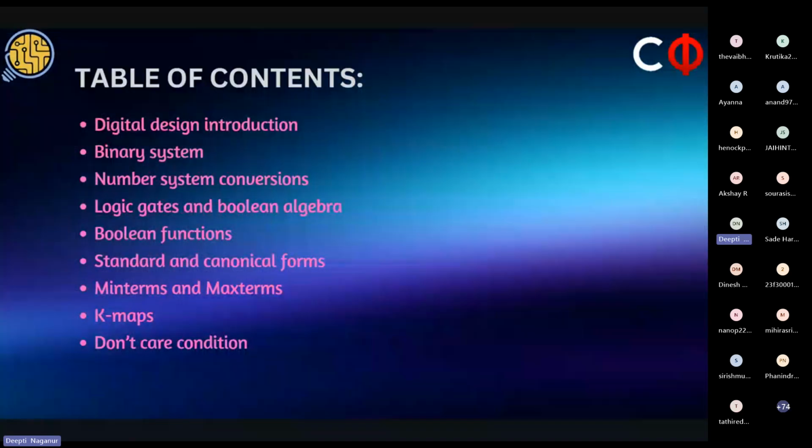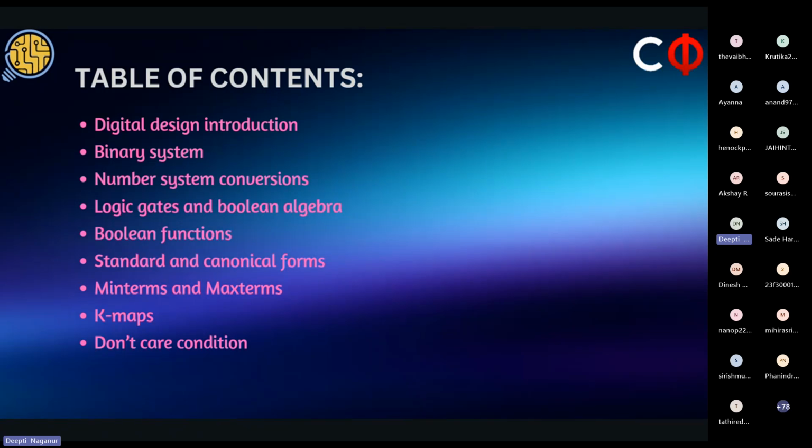So what we'll be exploring in digital design will be first introducing ourselves to what exactly it means and why is it even there in the first place. We will look into binary system, which is a very beautiful way of conveying some information to the computer.